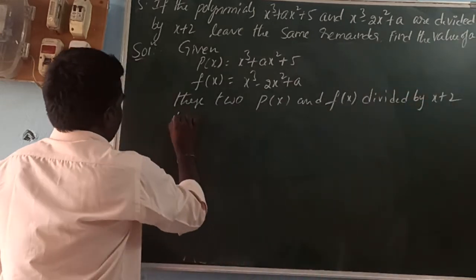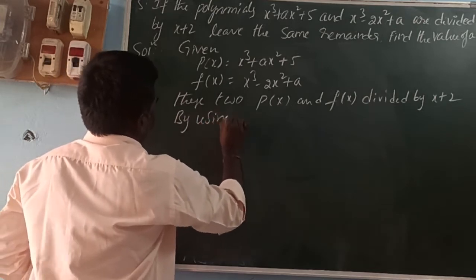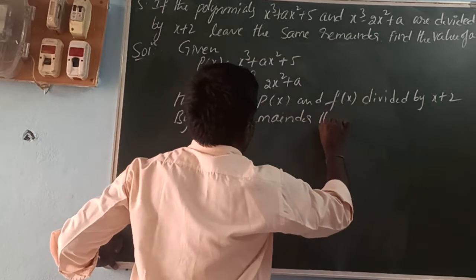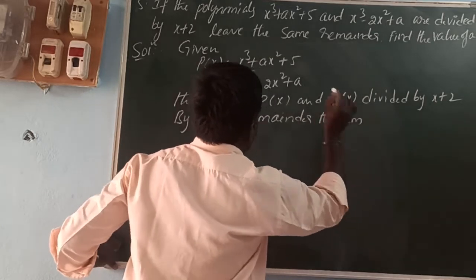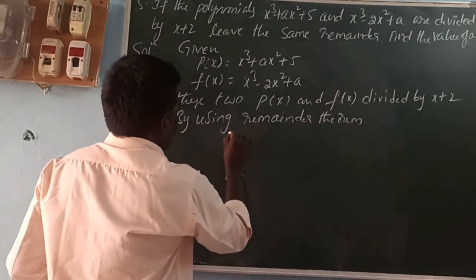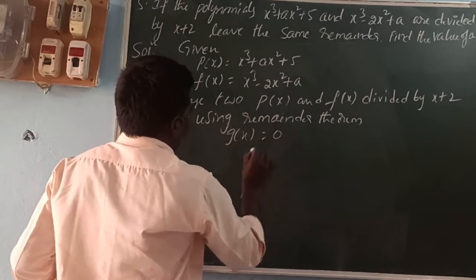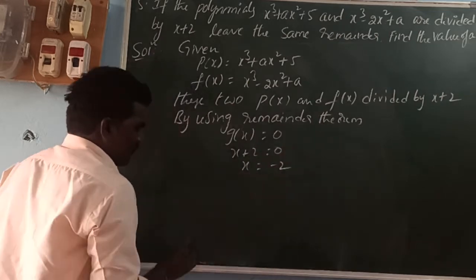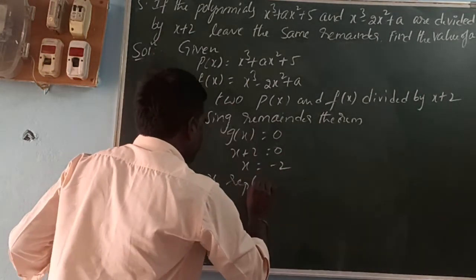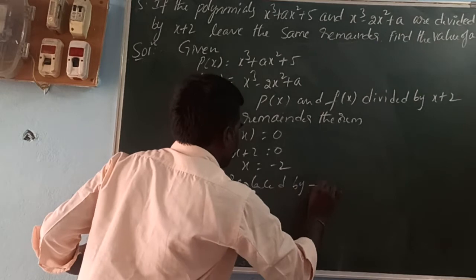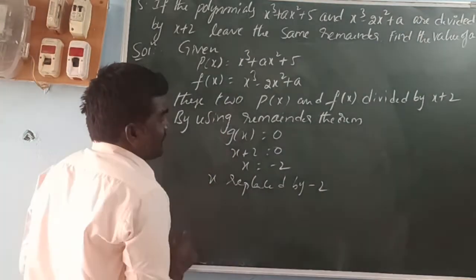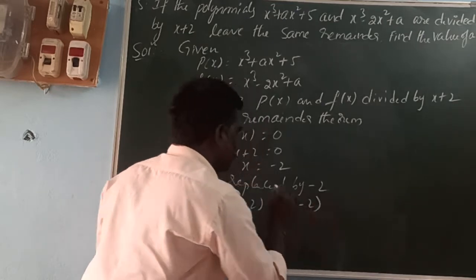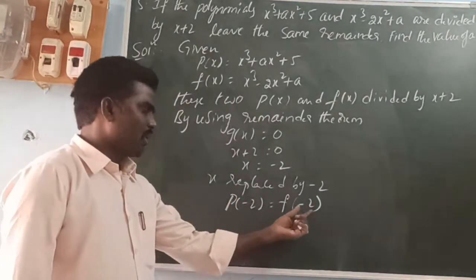By using the remainder theorem, g of x is equal to 0, so here x plus 2 is equal to 0, x is equal to minus 2. So x is replaced by minus 2. We get the remainder is the same, that is p of minus 2 is equal to f of minus 2.